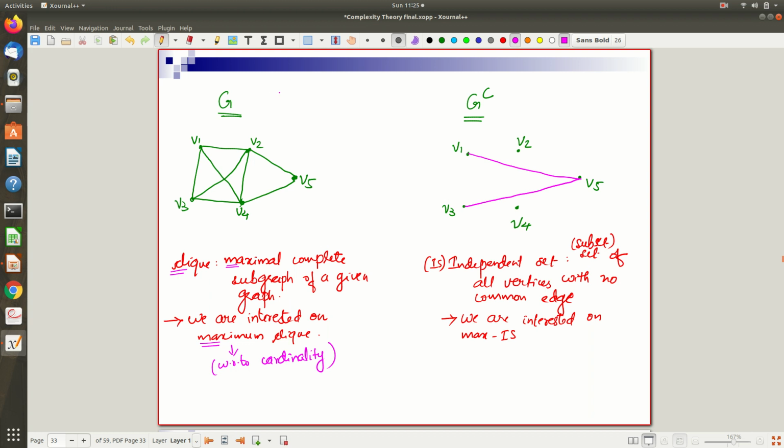So you can see that what we need is complete, right? If we are looking at a triangle, say between v1, v2, v3, you can see that this is a complete graph because all the vertex pairs are connected. Fine, but it is not maximal in the sense some of its superset is also complete. For example, if I add this v4 also, this v1, v2, v3, v4 together is also forming a clique, in the sense everybody is connected to each other.